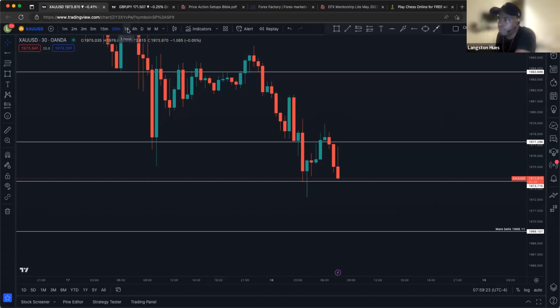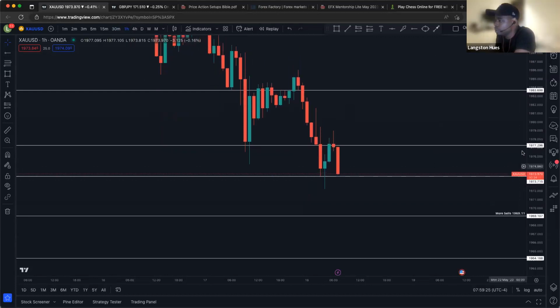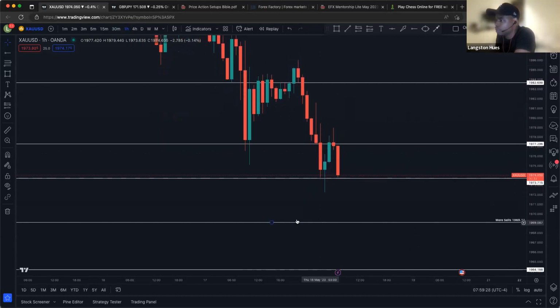About 40 seconds remaining for an hourly closure. Continuing this downtrend. So it looked like price drove, had a pullback. Retesting this level. And now coming back down.